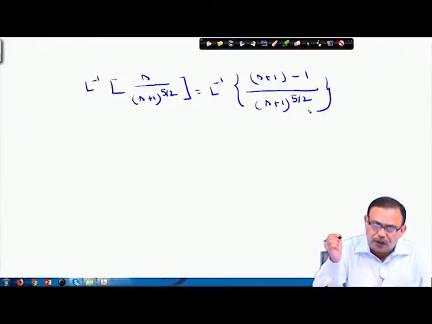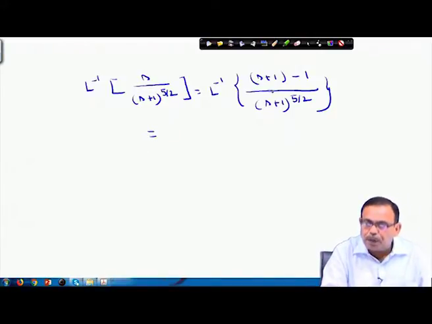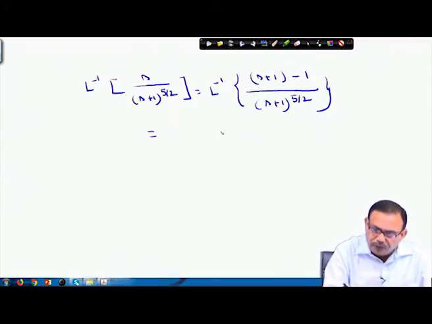I will try to make it so that I can break it into two parts. So, s plus 1 is there, and here also s plus 1 to the power 5 by 2 is there. If I write this directly, what can I write?